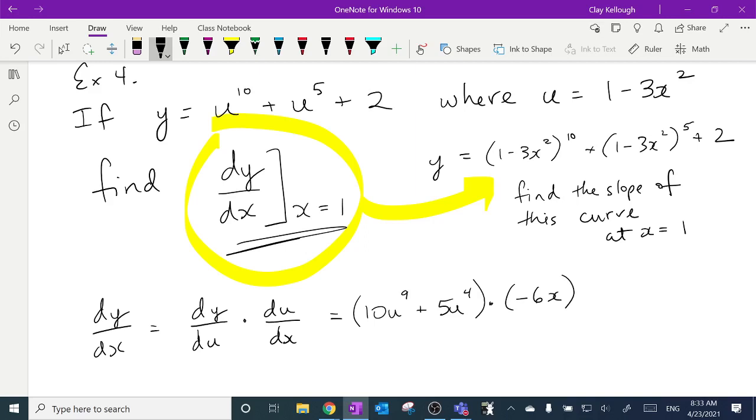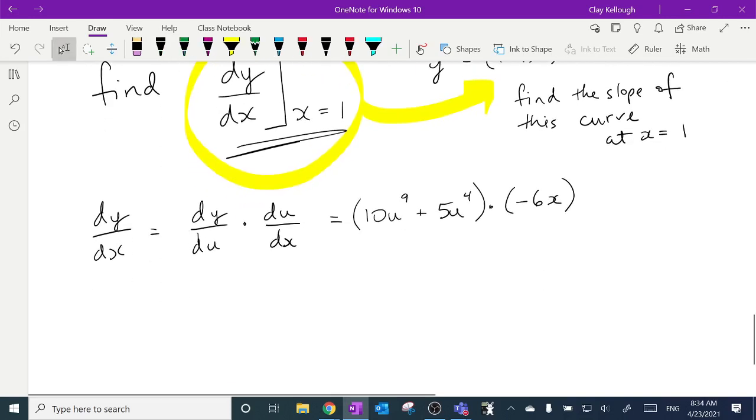Now, here's the one place where Leibniz notation maybe has an advantage: I actually don't have to deal with this great big function. I don't have to substitute this 1 minus 3x squared into the u, is what I'm saying. I can just go here and say, oh, I know x is equal to 1.